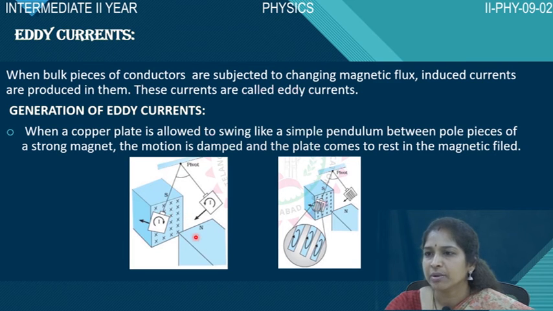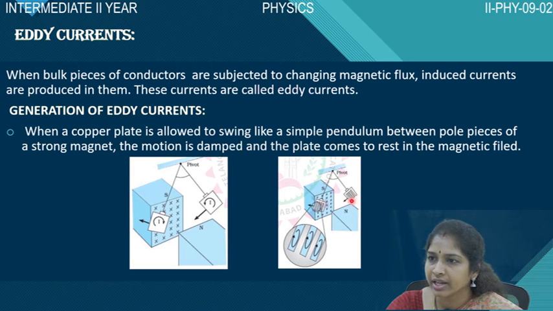So here it is the same experiment, but the difference between this and this, you can see from the diagram. Here the copper plate is plain, but here rectangular slots were made on the copper plate. So the copper plate is cut in this manner.